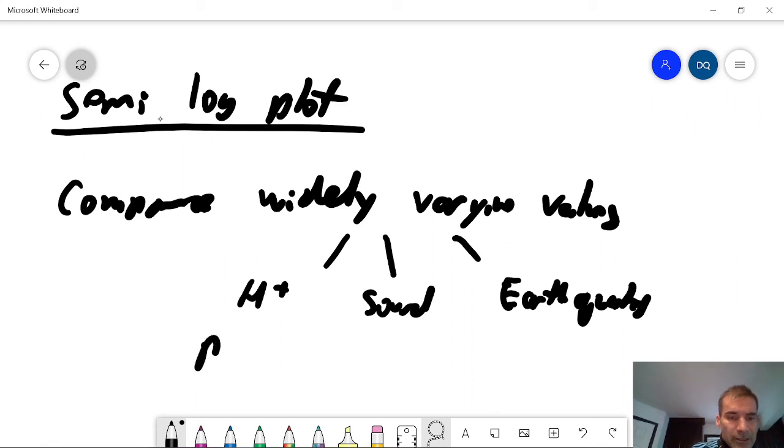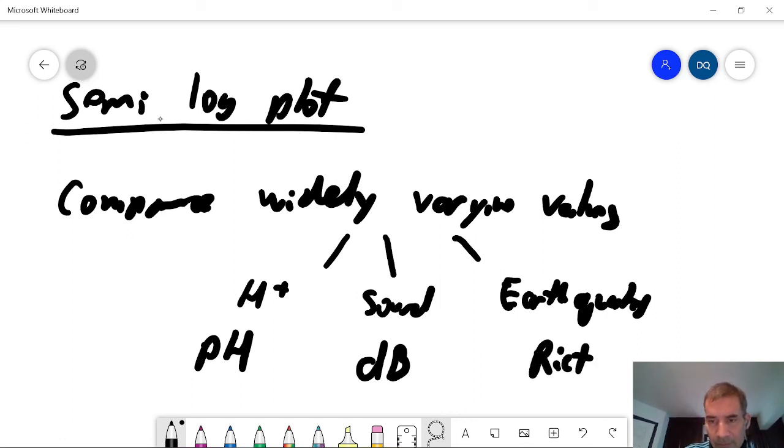So this is the pH scale, that's a log scale. The decibel scale is a log scale, and the Richter scale. There might be an H in there. The Richter scale is a log scale.